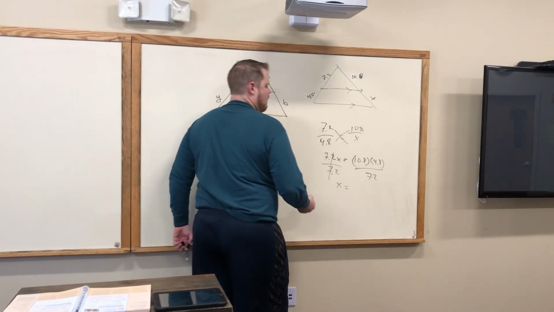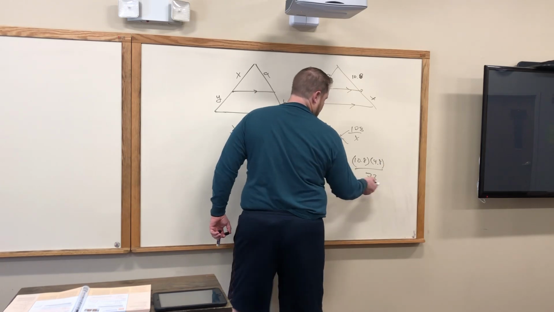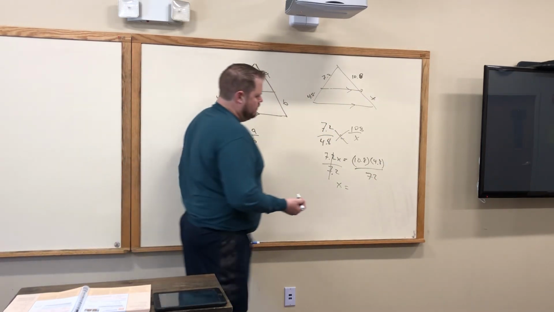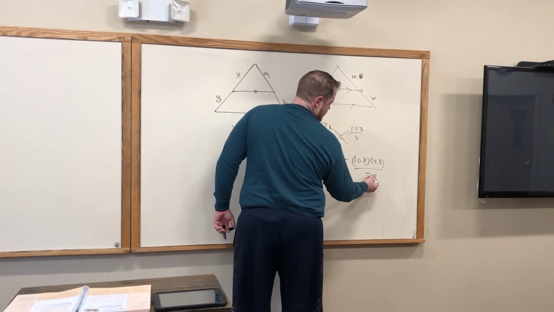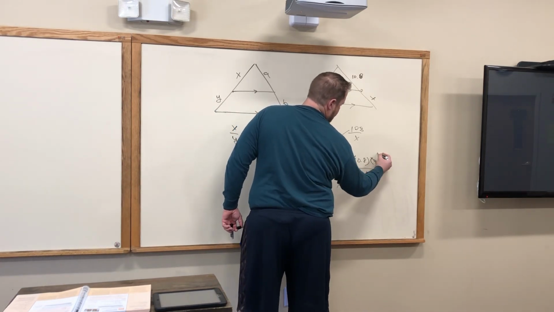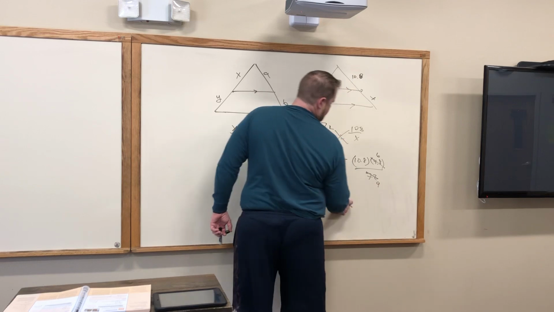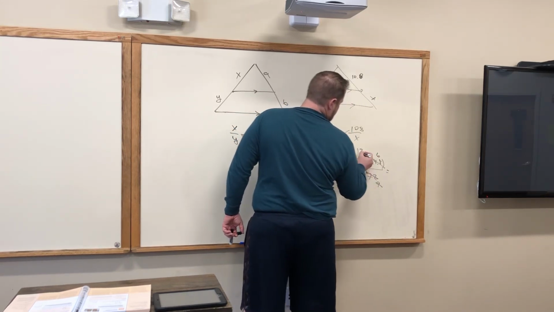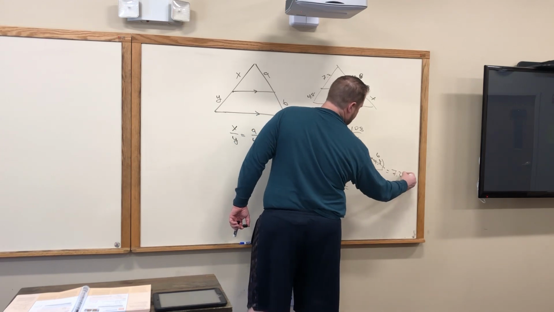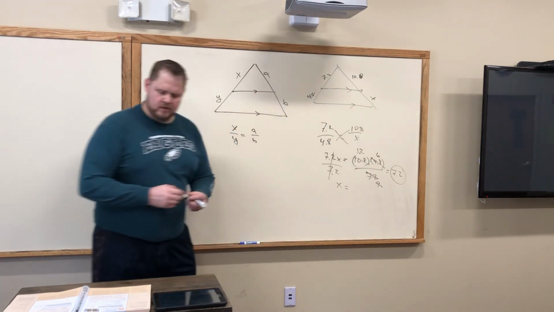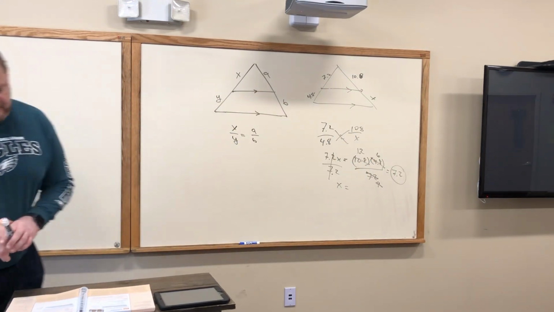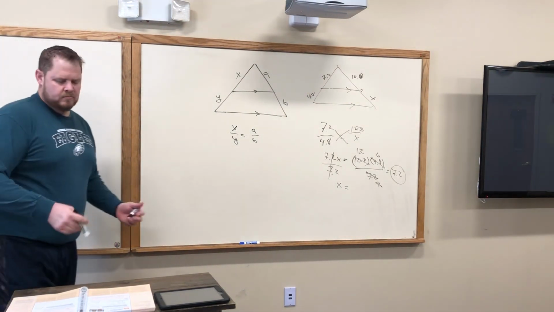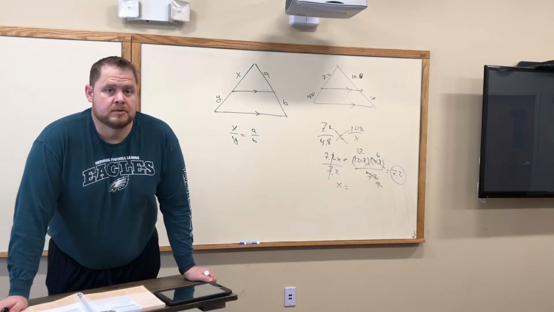Now, how can we solve? You can reduce, or if you did it on your calculator, you would see that it comes out 7.2. So all you're doing is, once again, still straight proportions.